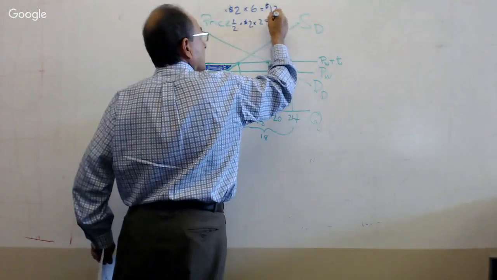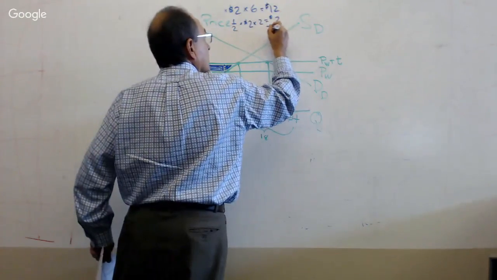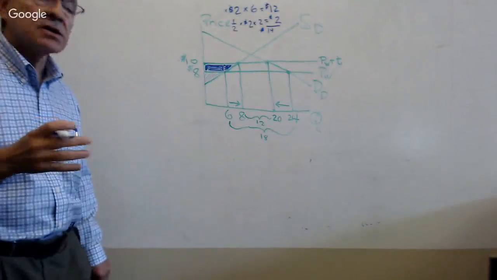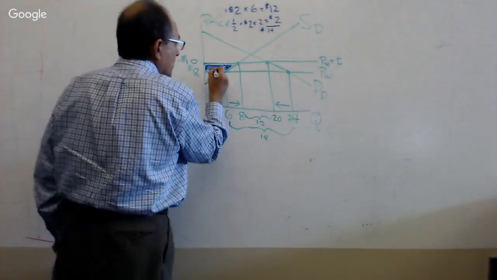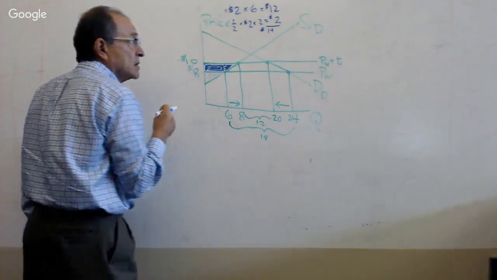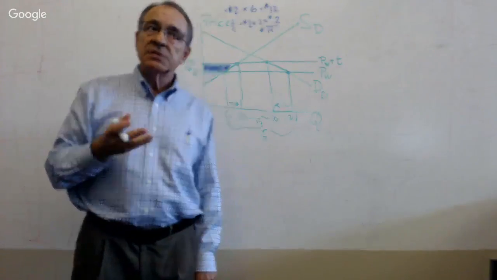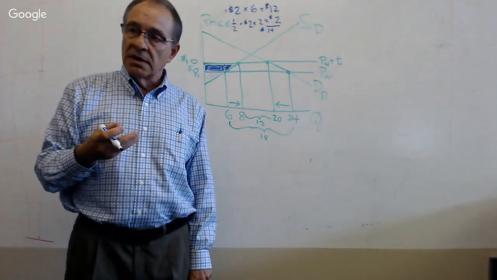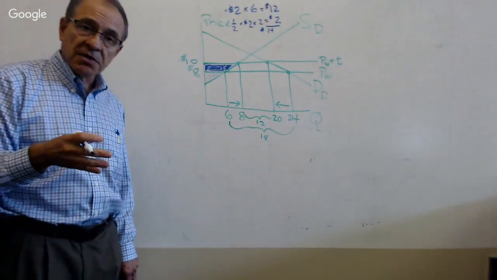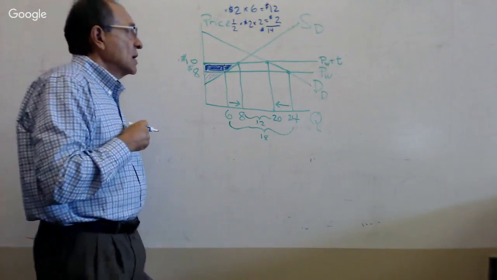This cancels out with that, so we're left with $14. $14 represents this rectangle plus the sum of that triangle. So producer surplus is expanded by $14. So producers are better off by $14.